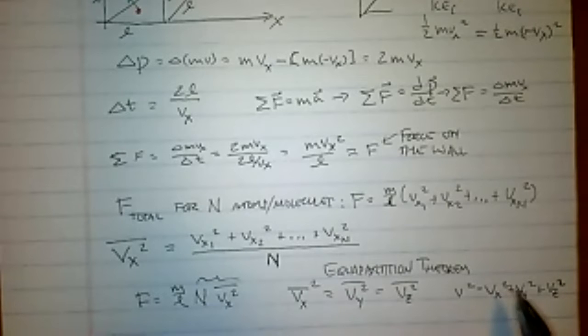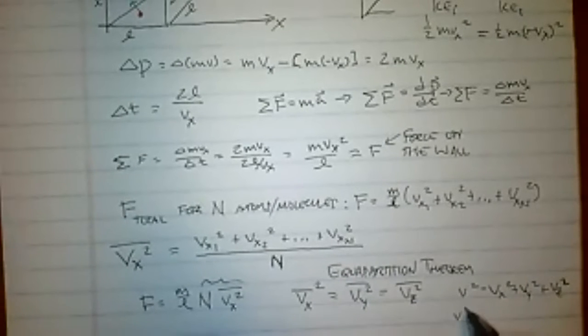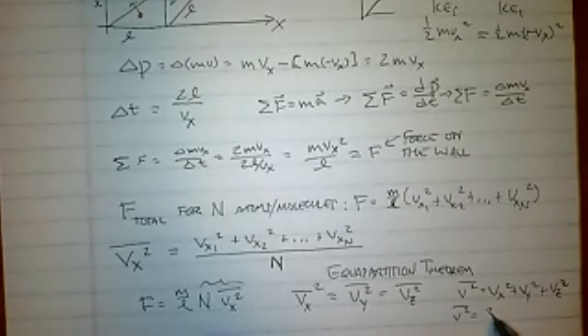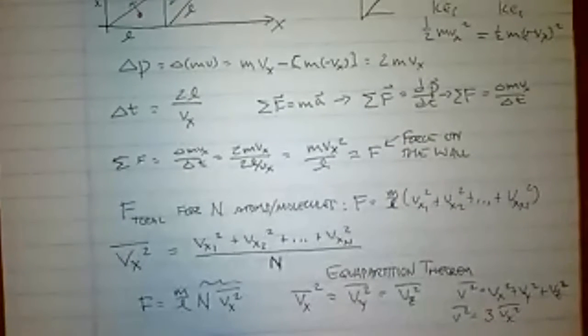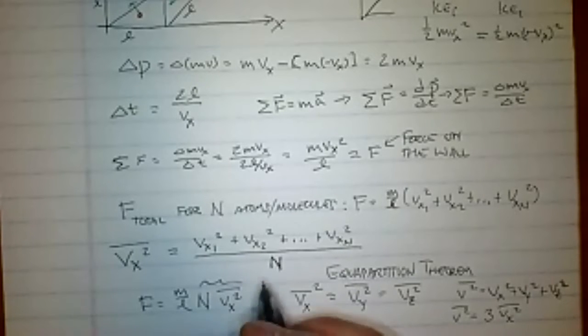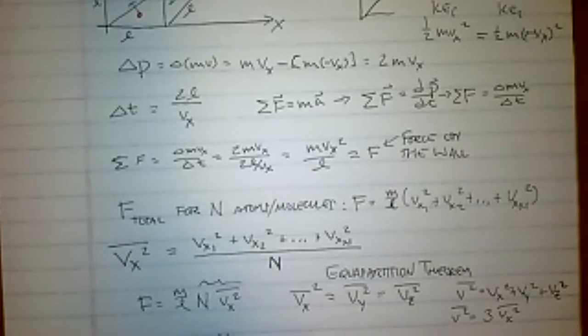So v squared, again really the average of the square velocity, should in fact be 3 times vx squared on average. Now I can add that in, and F is equal to m over L times N times not just Vx, because that's in a particular direction, but the average of the squares of the velocities divided by 3.